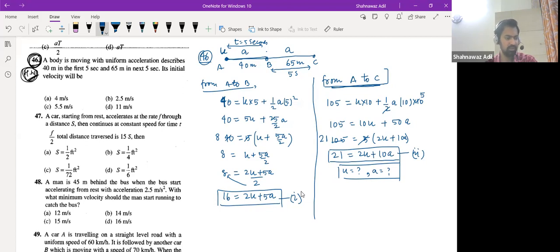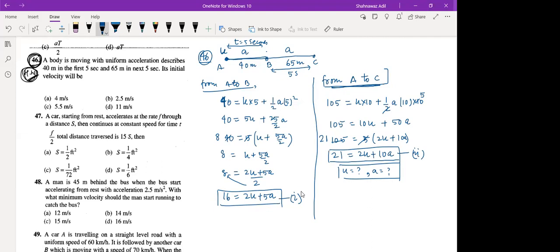Yes, guys, what did you get? Sir, I'm getting a decimal for initial velocity.